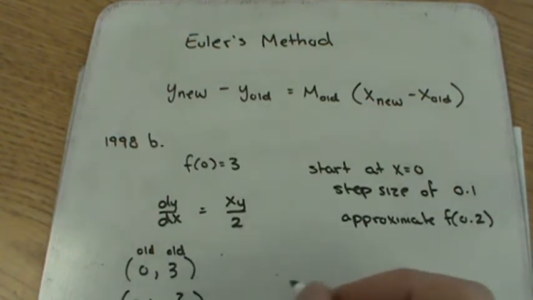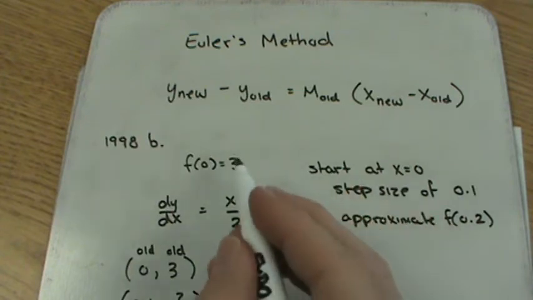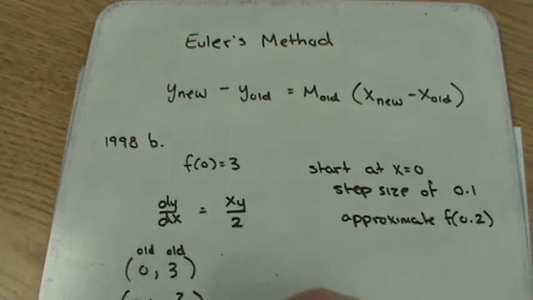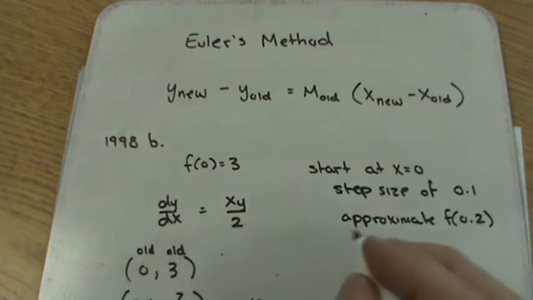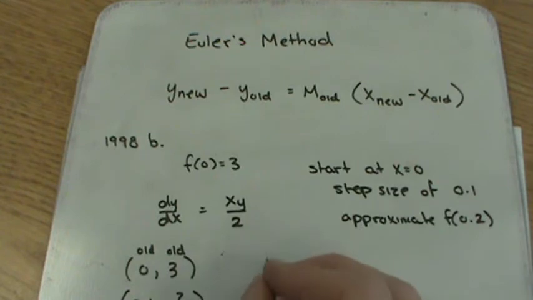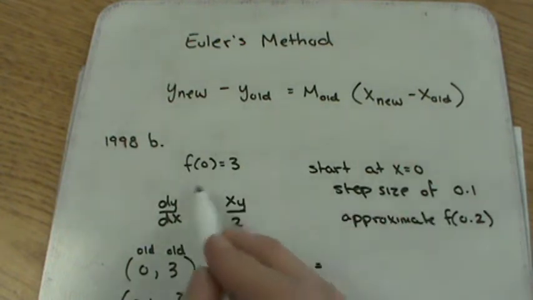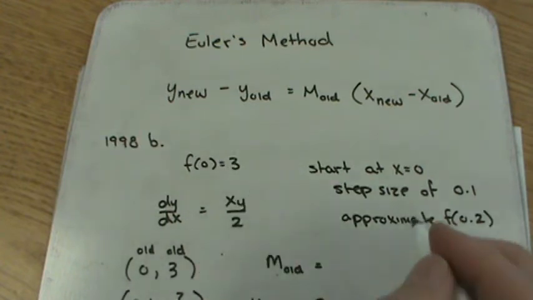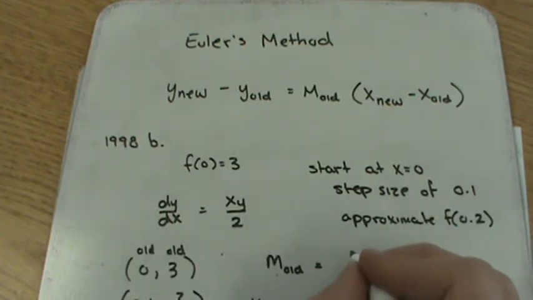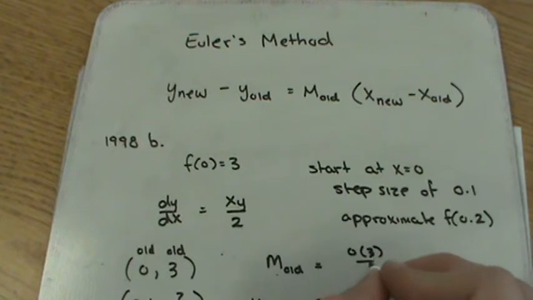So let's plug this into our formula here. We have y new, that's what we're going to look for, minus y old, which is 3, equals, we need the m old. Our m old is going to come from our differential equation and our old point. So that's going to be 0 times 3 over 2, which just gives us 0.